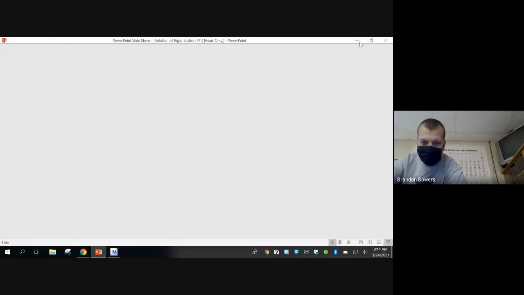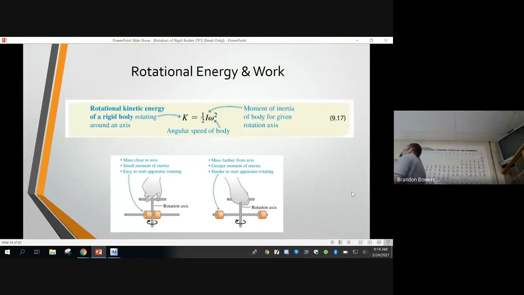Pretty good. Okay, so here is my kinetic energy equation. Normal kinetic energy is half the mass velocity squared, correct? Angular kinetic energy is half the inertia omega squared.